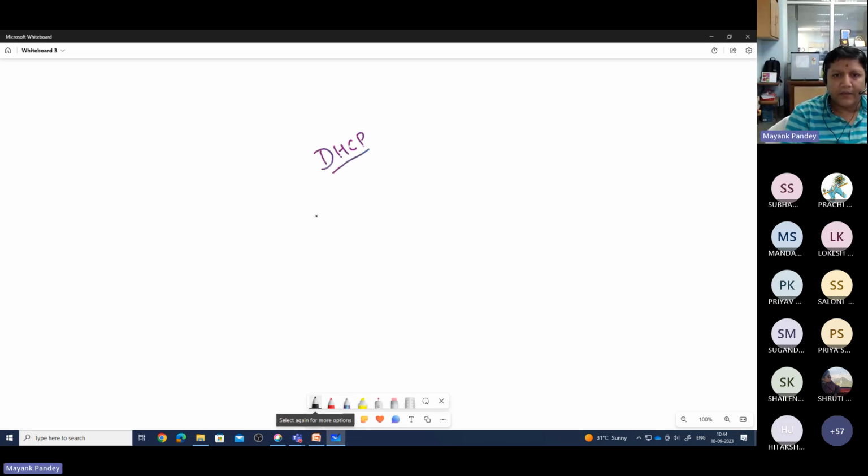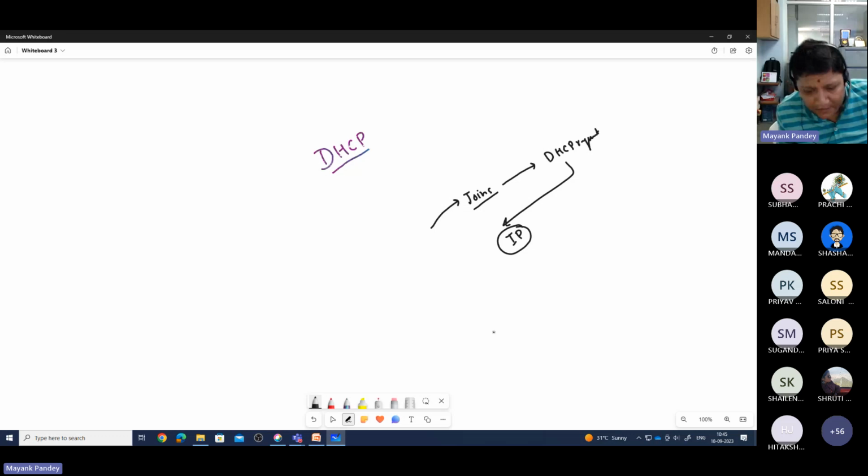It is very prevalent in wireless network. When a node joins, it sends a DHCP request. Remember the DHCP process, whole process, and gets an IP address.